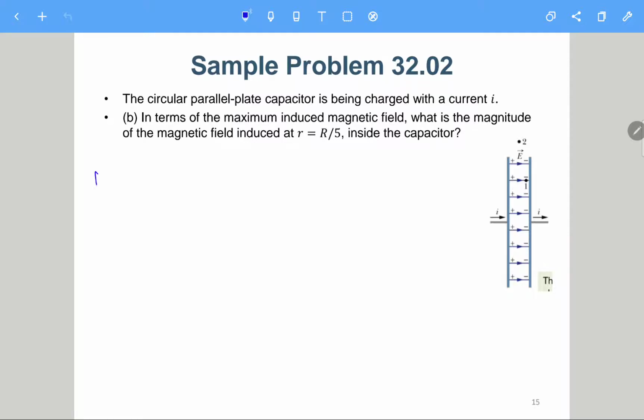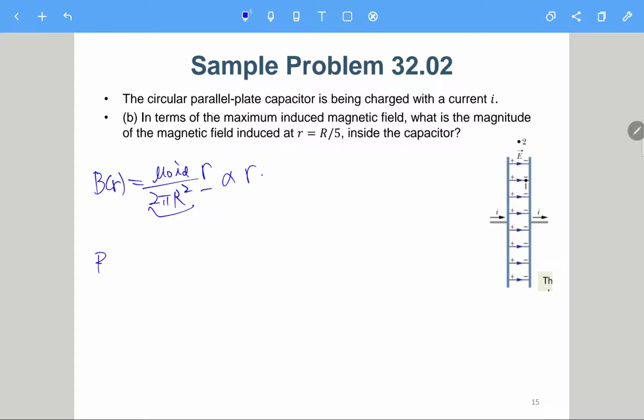So we know that B of r should be mu naught I_D times r over 2 pi capital R squared. So this is a constant multiplied by r, which means it is proportional to r.